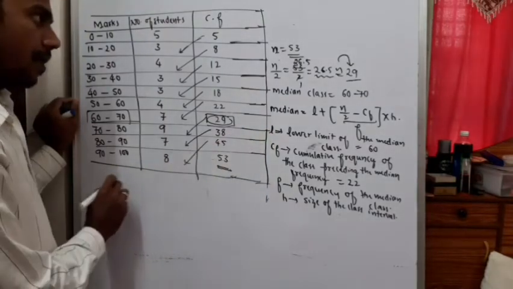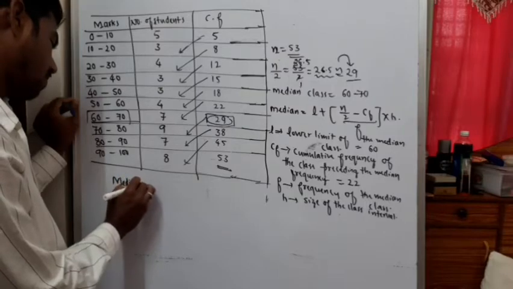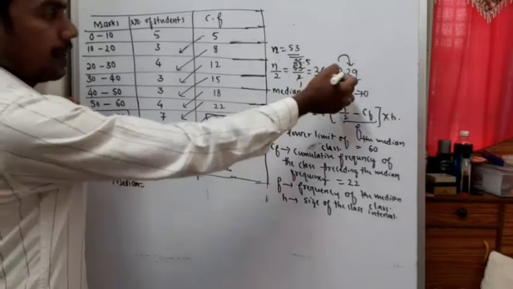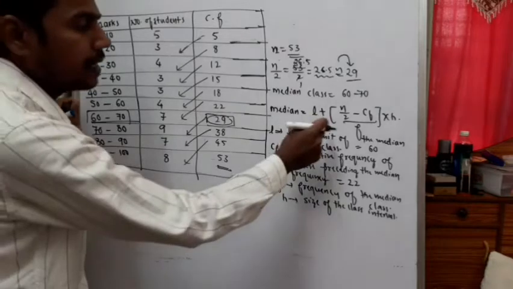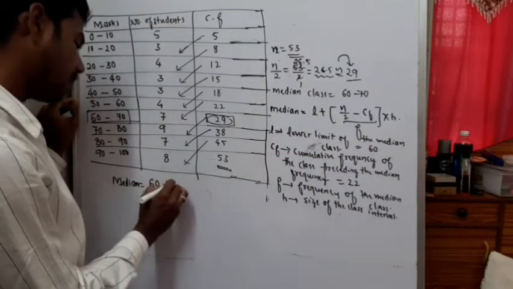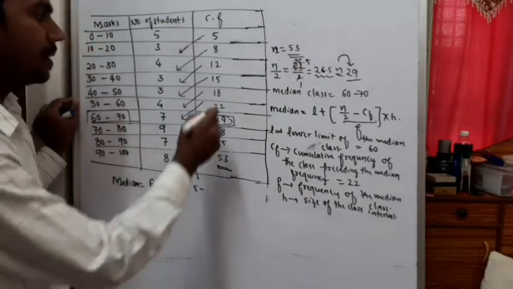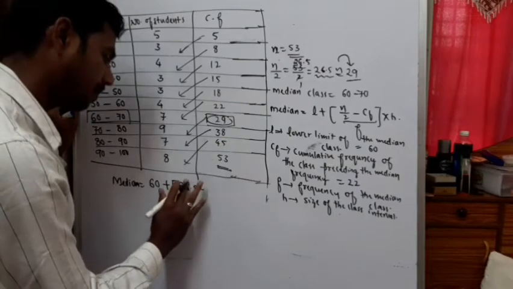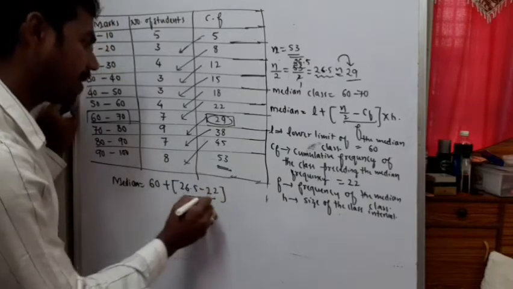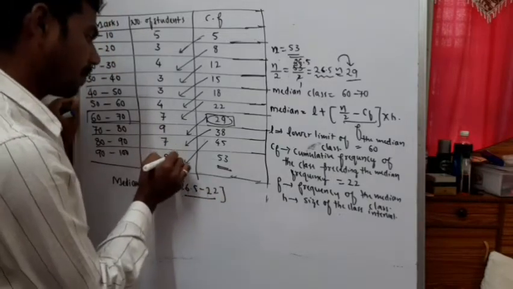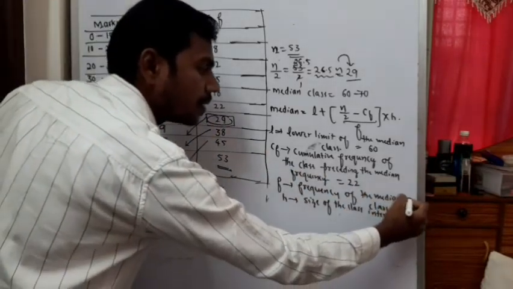Now we can write the median is equal to, and substitute the values in the formula. L is 60 plus n by 2, which is 26.5, minus CF, that is 22, divided by F. This F is equal to 7.